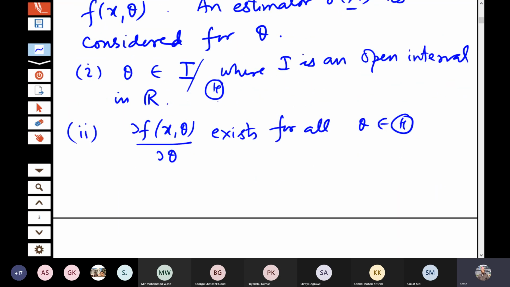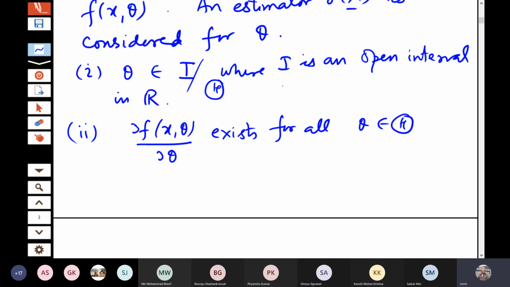Like I mentioned, the parameter space is an open interval. Consider the exercises that we have done. For example, consider the binomial distribution in which we take n and p as parameters. n takes only positive integers, so for n this inequality will not be true. The inequality will be derived only for p, because p lies between 0 and 1.